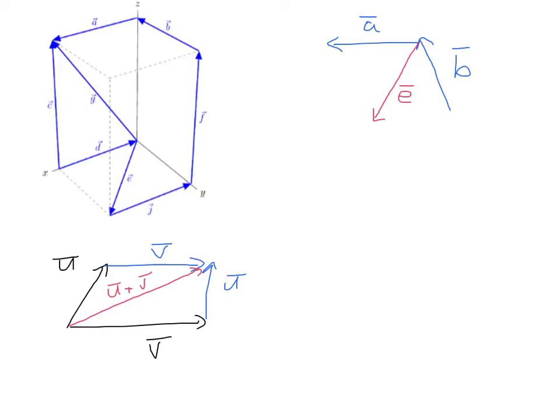Now, I almost have the parallelogram relationship. If I draw B in the opposite direction, minus B, then I have tail to tip, and tail to tip, touching the tip there, so E is equal to A minus B.